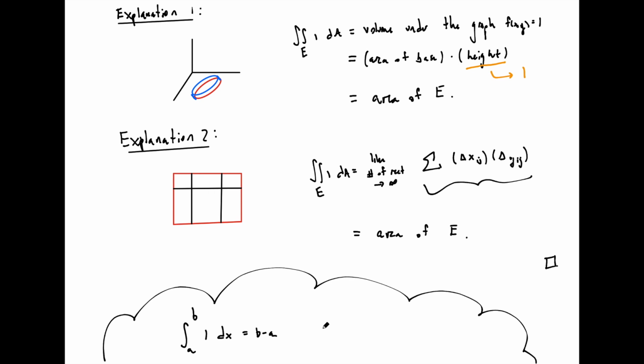And on the one hand, this is the area under the curve 1 from a to b. But because this has height 1, this actually coincides with the length of the interval AB.